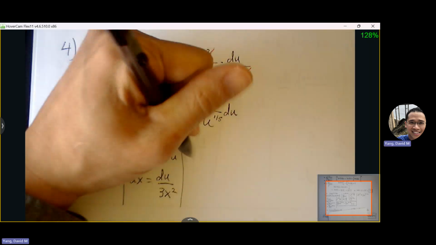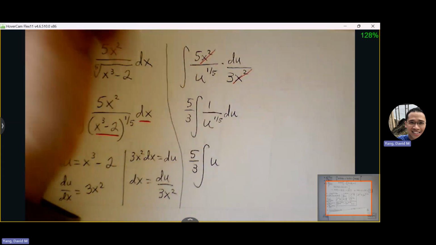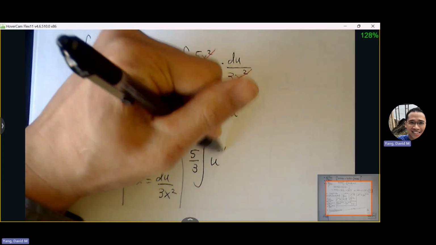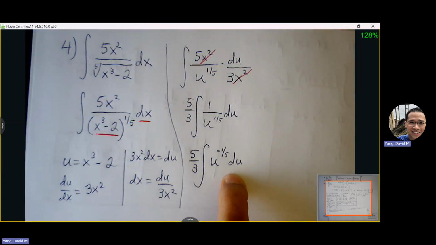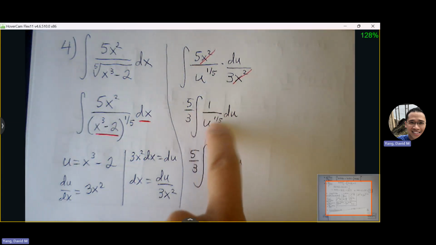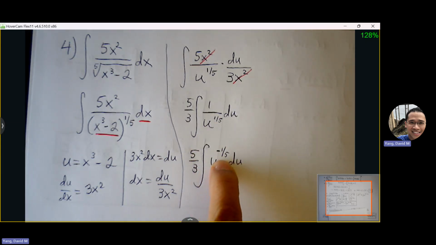So how would you rewrite this with that u in the numerator? It'll be u to the what? -1/5. So now we have that u in the right place to apply power rule. If you do power rule here, it's not going to get you the right numbers you're looking for. We need to have it up here with that -1/5.